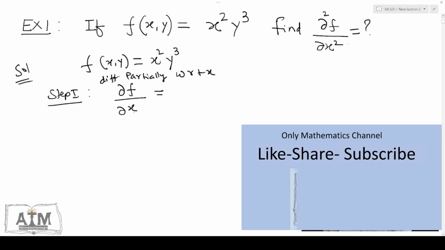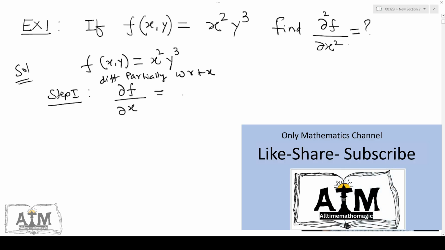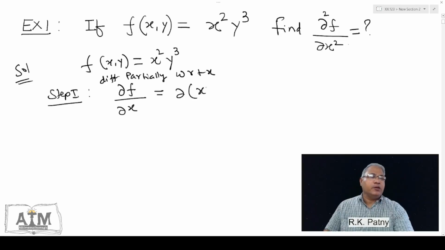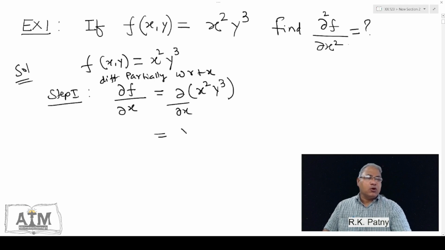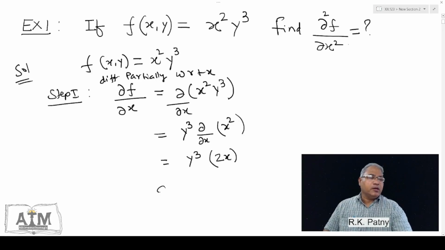So dou f by dou x equals partial differentiation of x square y cube with respect to x. While doing it with respect to x, y is constant, so it is taken out of the operation. We need to do the derivative of x square alone, so that equals y cube, and the differentiation of x square with respect to x is nothing but 2x. So del f by del x equals 2x y cube.